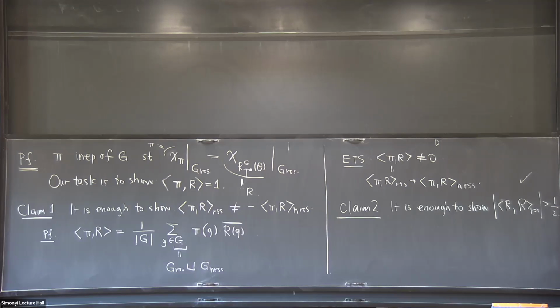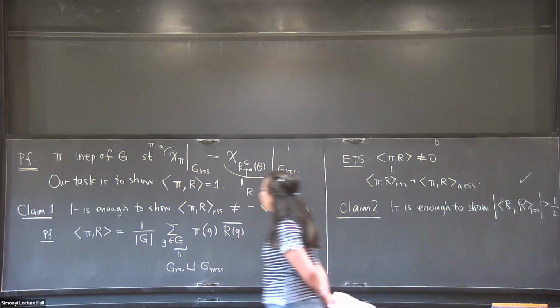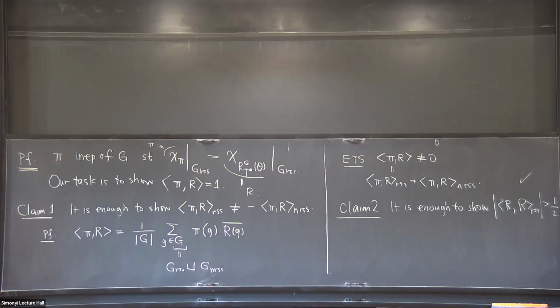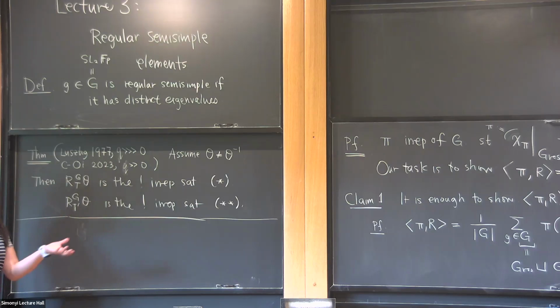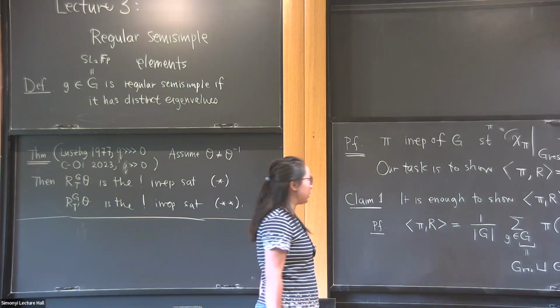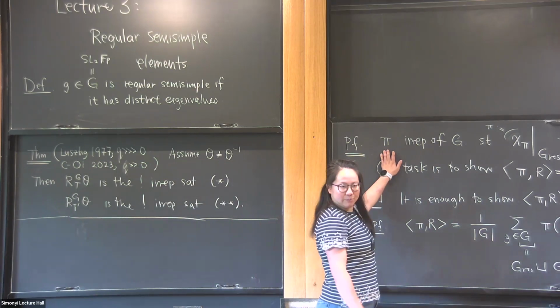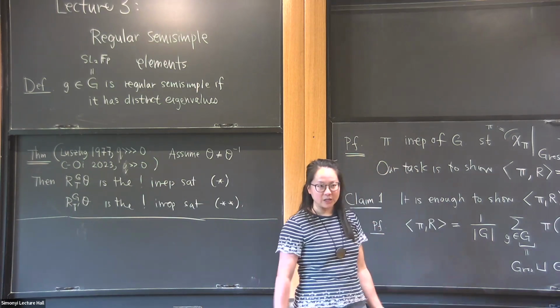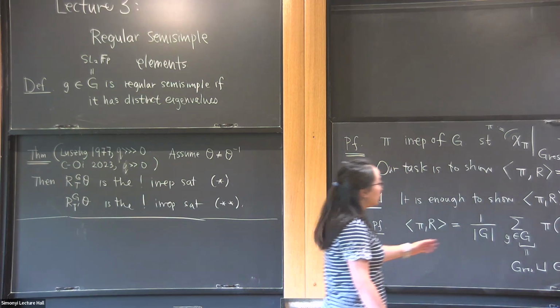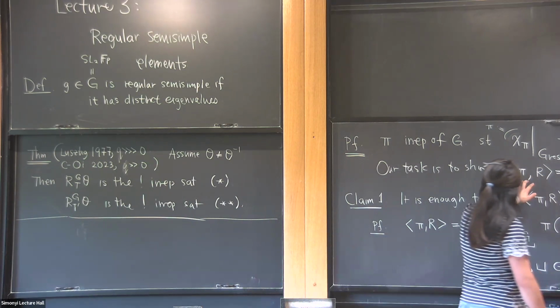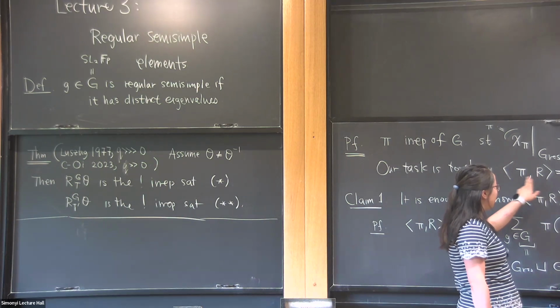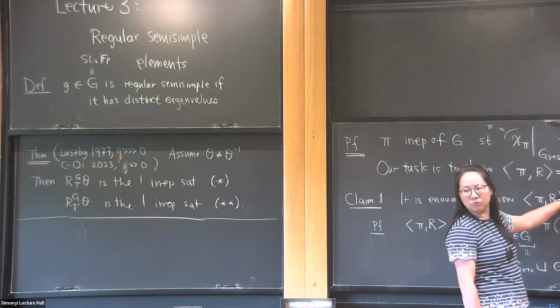And let me explain what I mean by that. R is one of these representations. That's the known thing. We know what that representation is. We have a presentation for what it is. Pi is the mystery irreducible that we want to show is equal to our R, right? So over here, a priori, we're trying to show that something unknown paired with something known is equal to 1.